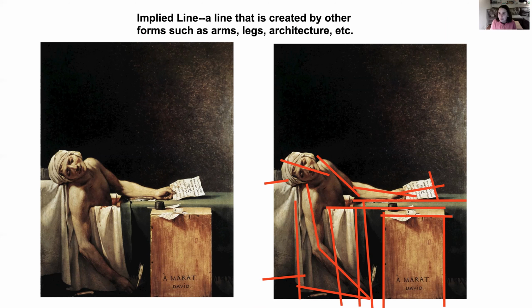This is a great example because you're taken in a circular motion through the arm, through the head, down the other arm, then at an angle, and then up through the box, and then back through that arm into the head. So your eye moves in a circular path.